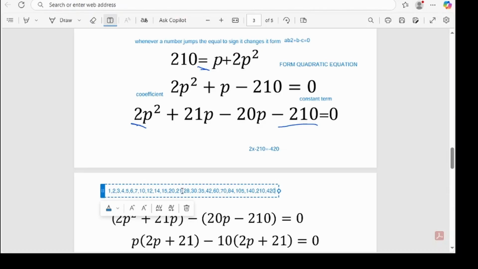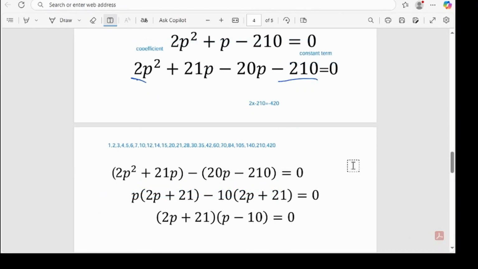So 21 minus 20 is going to give you 1. So we selected 20 and 21.